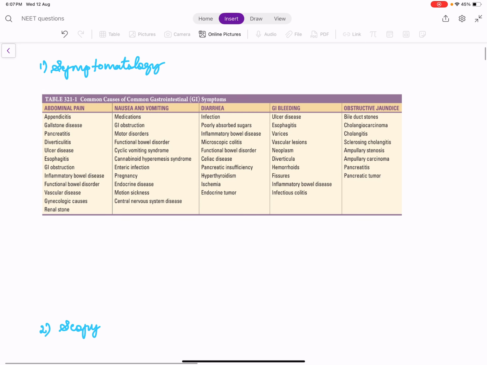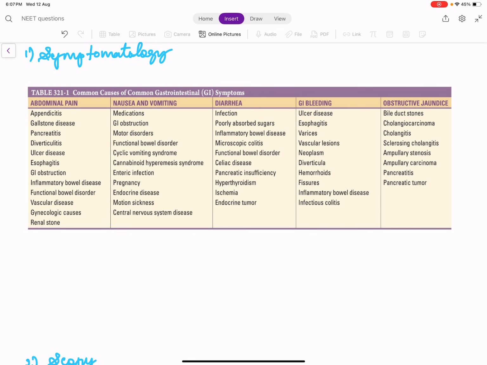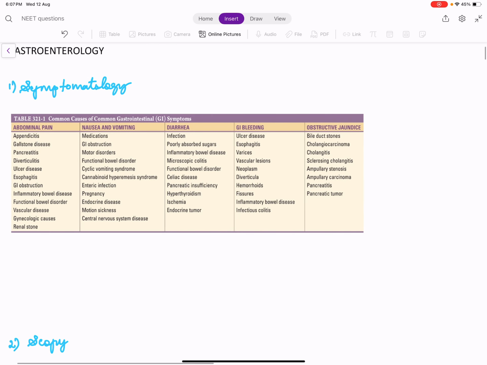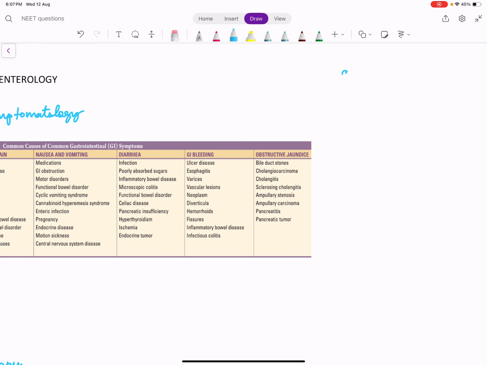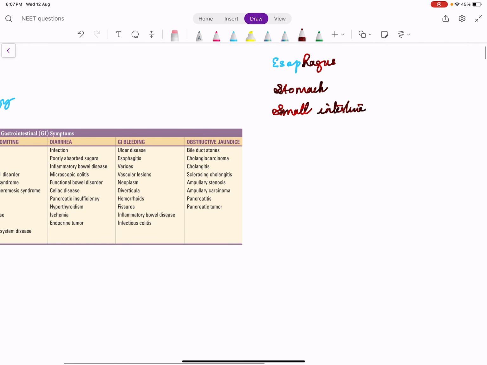So, about the symptomatology of gastrointestinal symptoms. We know that the GIT starts from the mouth till the anus. So we have many important divisions there. We have the esophagus, we have the stomach, then the small intestine. Small intestine has different parts: the duodenum, jejunum, and the ileum.